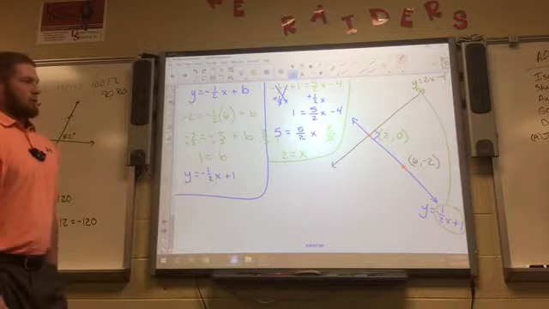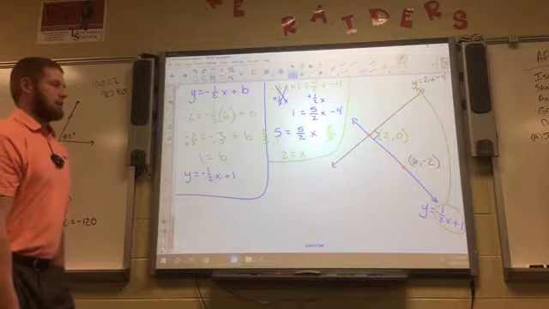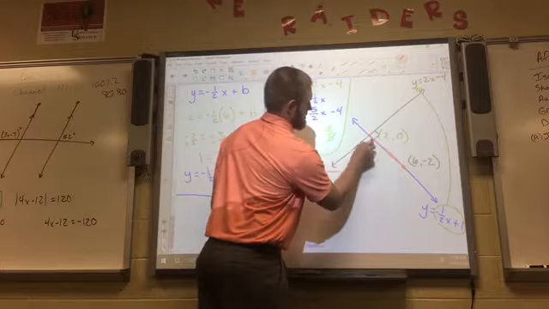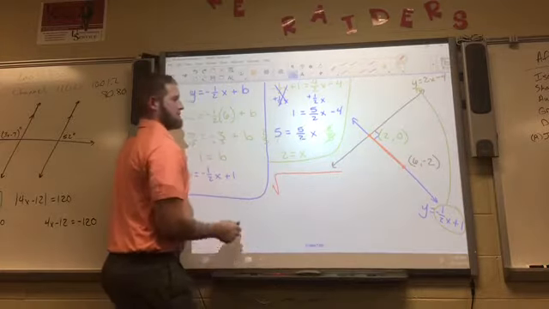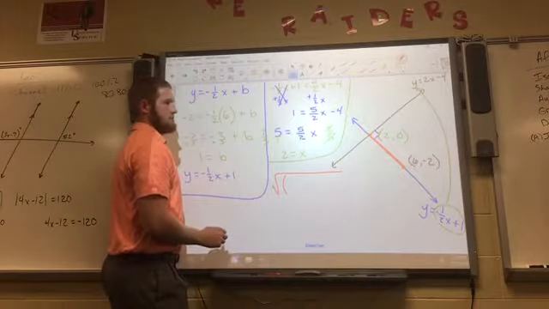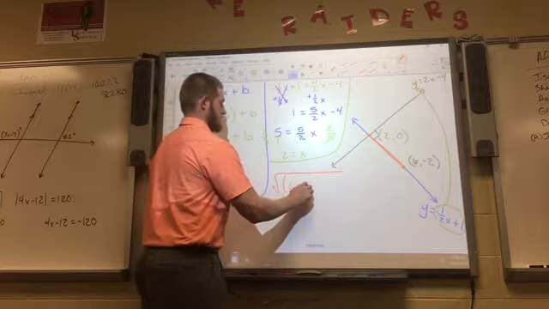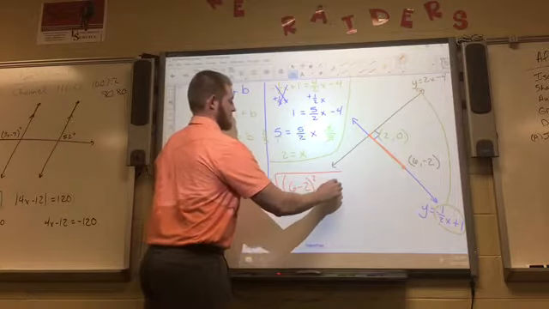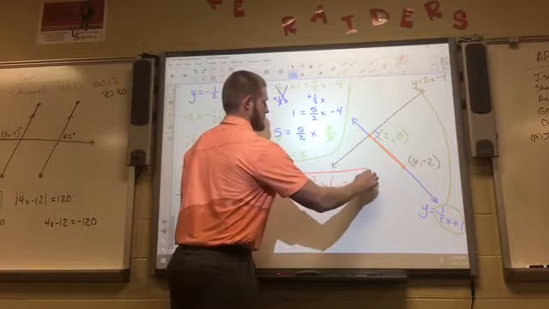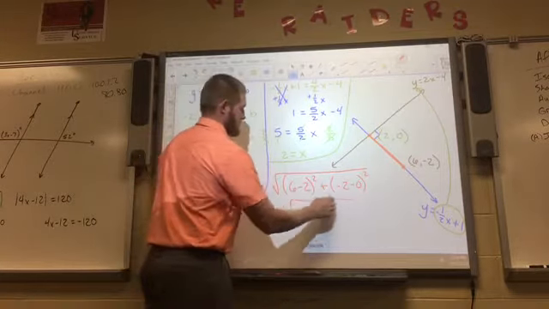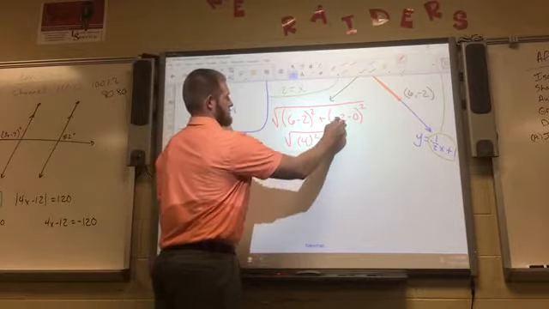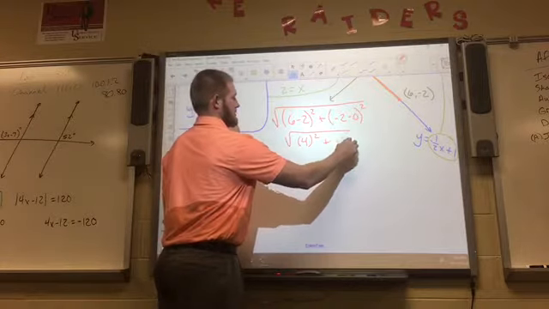So now that I have that coordinate point, my last step is to do what? Distance formula. Because I'm trying to find this distance right here. So I have the square root of 6 minus 2, squared, plus negative 2 minus 0, squared. 6 minus 2 is 4, and negative 2 minus 0 is negative 2.